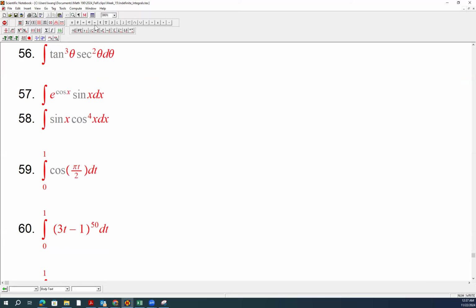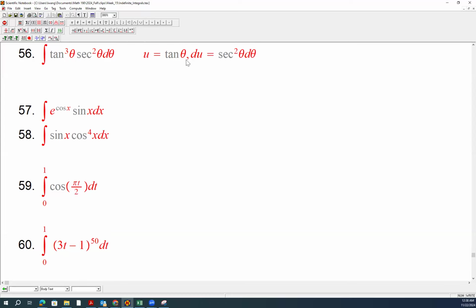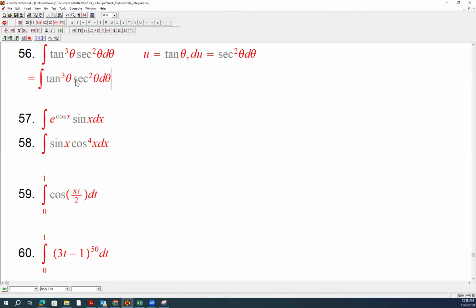Number 56. This substitution is also apparent. So u equals tangent theta, and du equals secant squared theta d theta. Our substitution is going to be u to the power 3, and this piece is du.